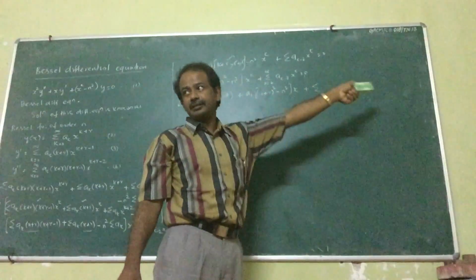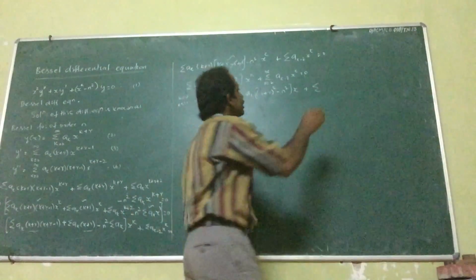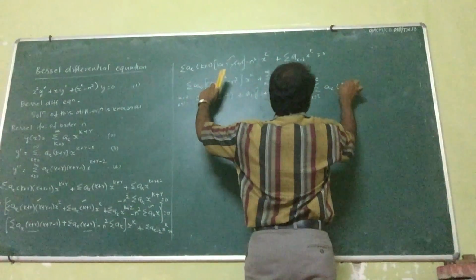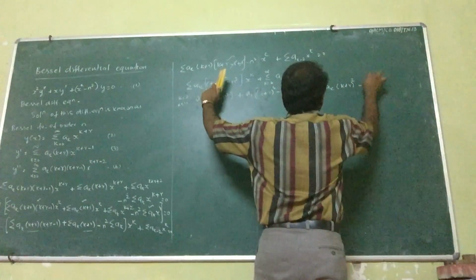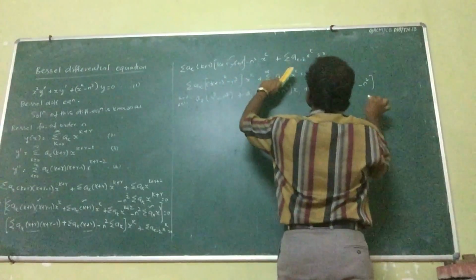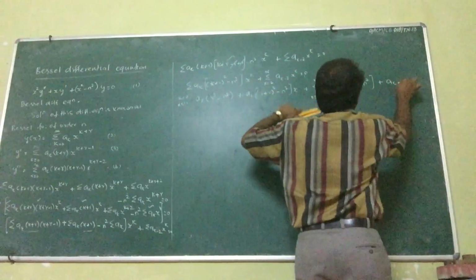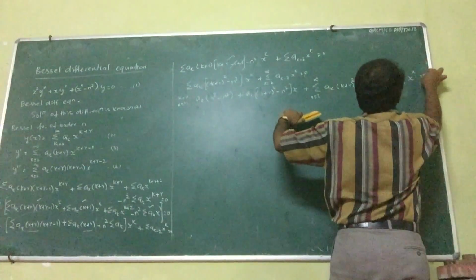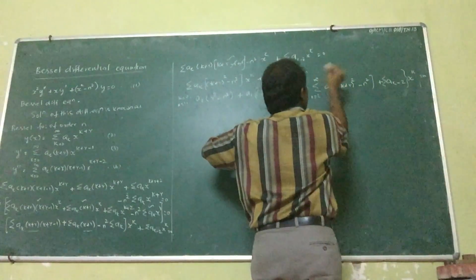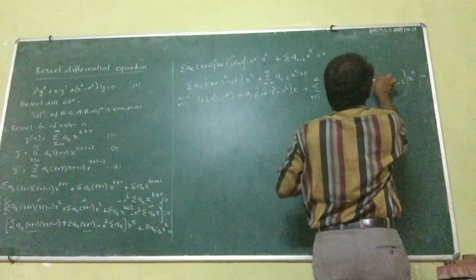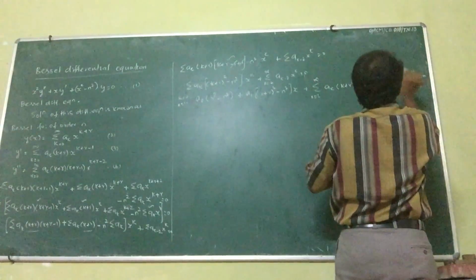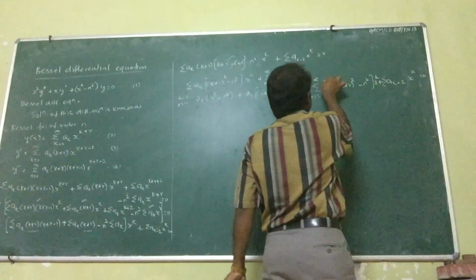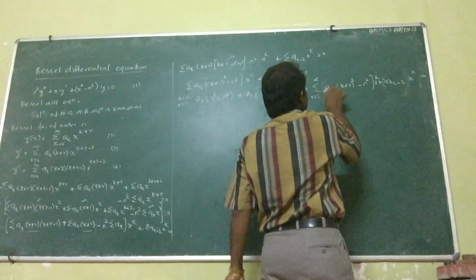So I can combine these two and write sigma k equal to 2 to infinity of [(k plus r) whole square minus n square] a_k plus a_(k minus 2), times x to the power k, which is common. Is it correct? Is it clear?